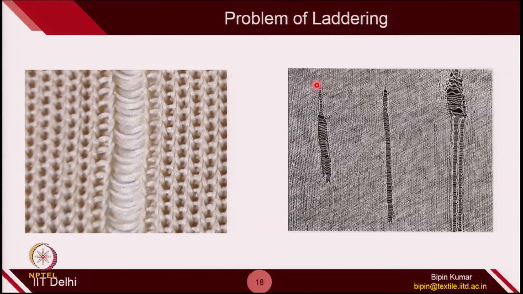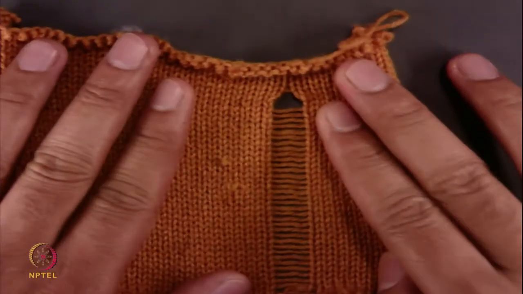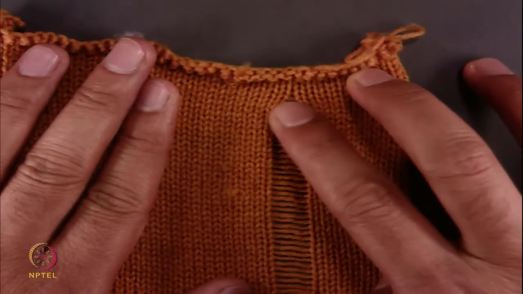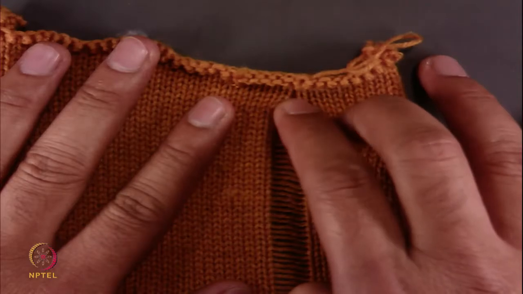We have one more fabric with me, through which you would be able to see how it can affect the fabric structure. So, let us see here. This is what will happen if any of the loops breaks. In this column, one of the loops got broken.